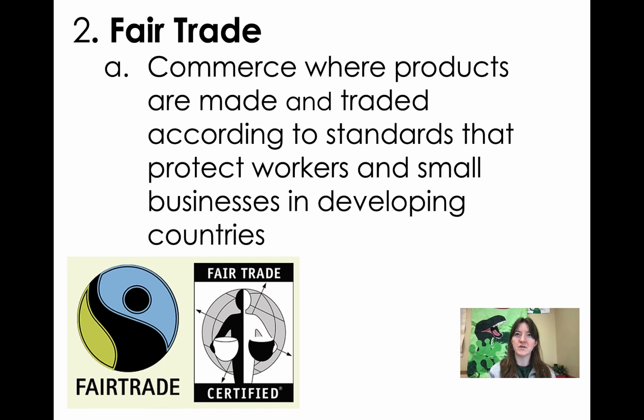But these often are goods that come from less developed countries, agricultural products that come from less developed countries. They are grown on plantations, and the concept of fair trade is the commerce where products are made and traded according to standards that protect workers and small businesses in developing countries.